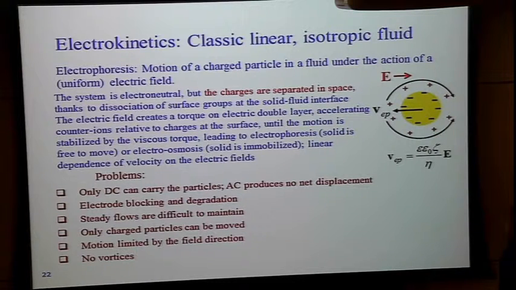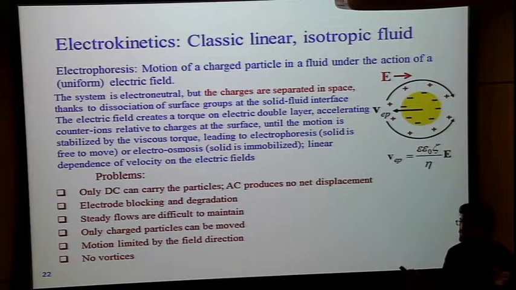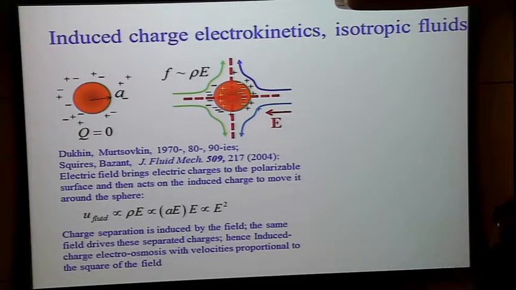So can you just say, what is electrophoresis? It's a motion of the colloidal particle in an externally applied uniform electric field. It's a very subtle effect, and it has a separate name because it's a neutral particle.